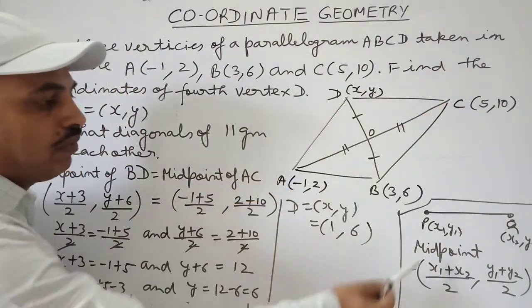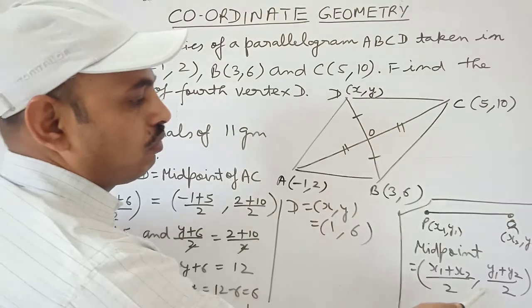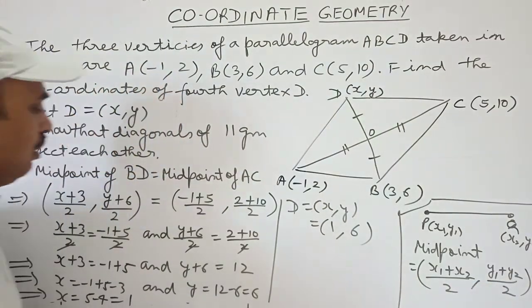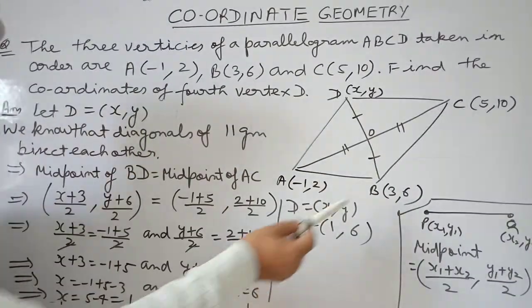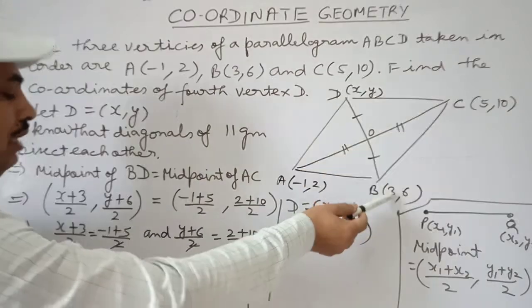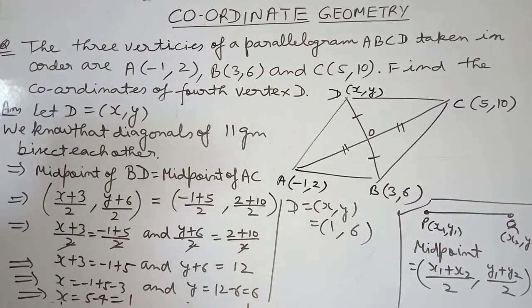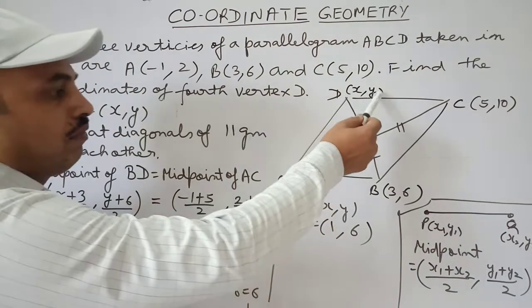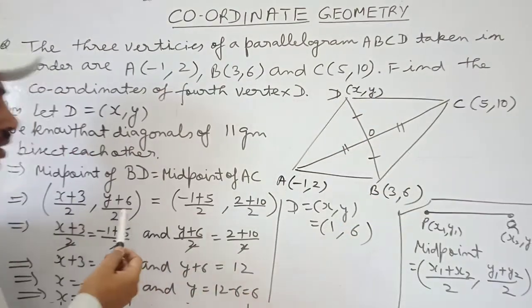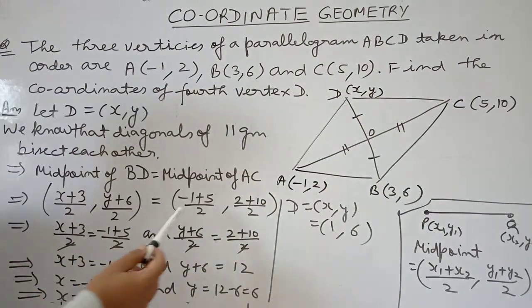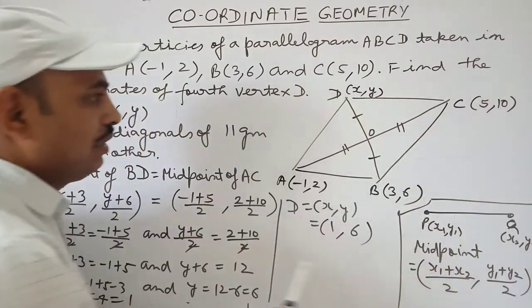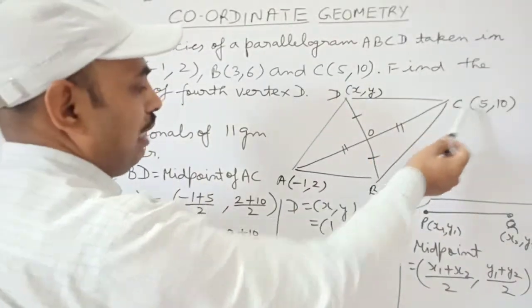What is formula midpoint? X1 plus x2 upon 2 comma y1 plus y2 upon 2. So midpoint of BD, x plus 3 upon 2 comma y plus 6 upon 2, equal to midpoint of AC, minus 1 plus 5 upon 2.